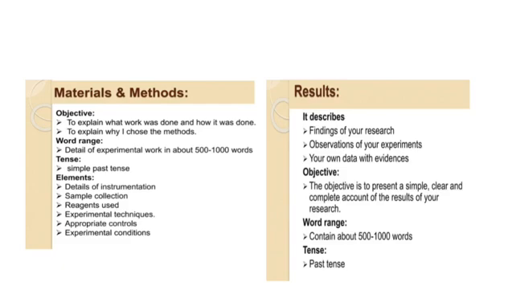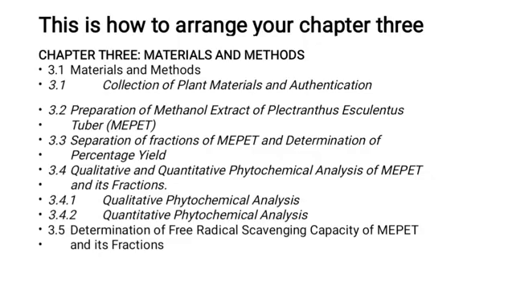You write materials and methods, 3.1. Then you have 3.1.1, where you talk about collection of plant material and authentication: how you collected the plant material and how it was authenticated, in case you are working with plants.